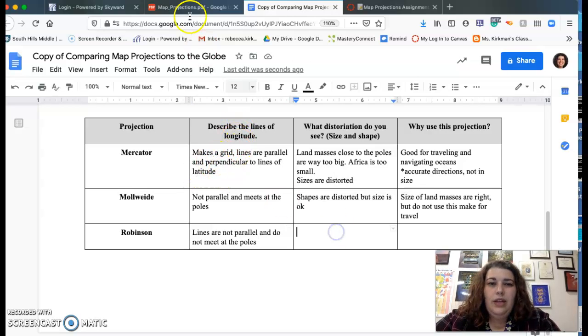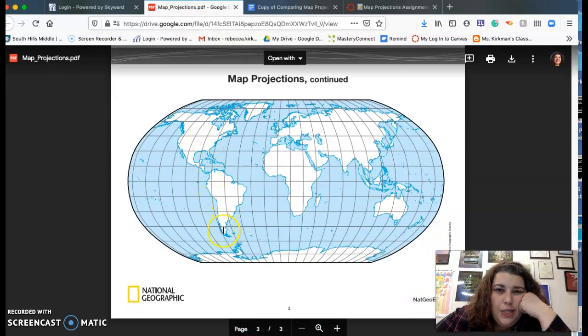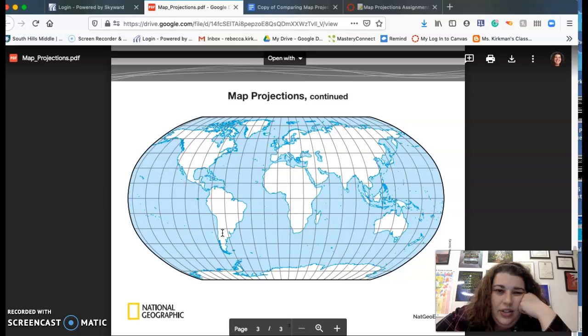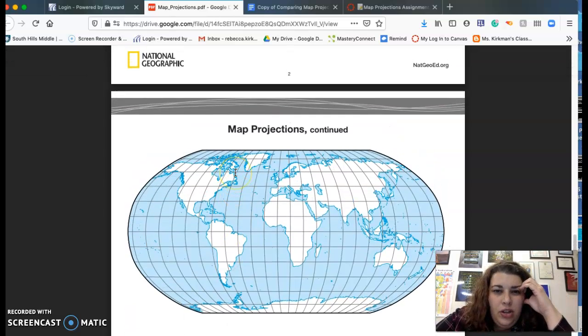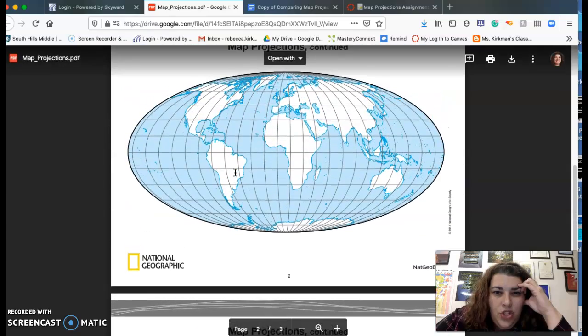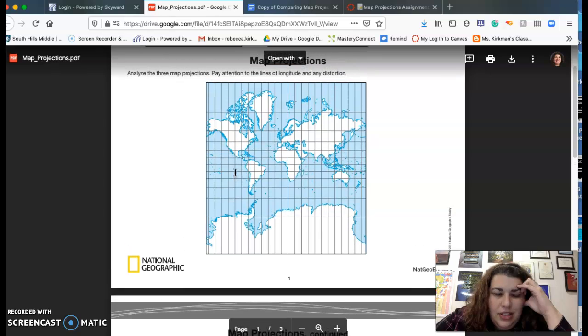Again, if we go back and look at this one, I'm looking at the shapes and sizes here. The shapes look pretty good, for the most part they seem pretty accurate. I'm going to look up here and compare it to this one.